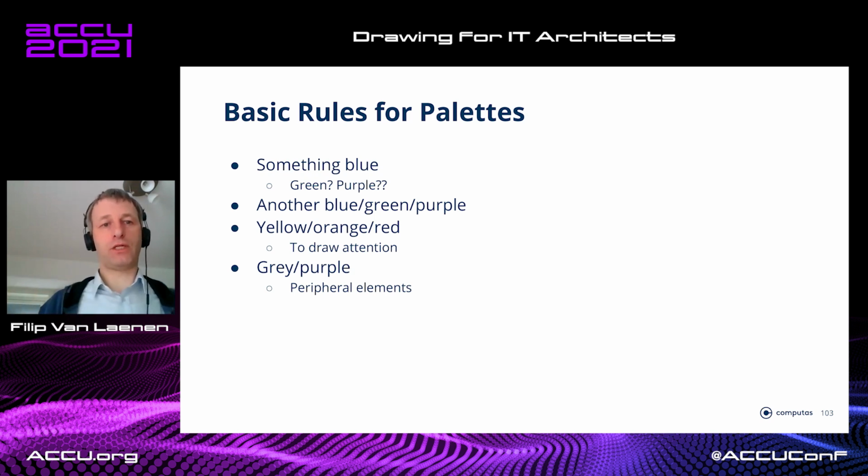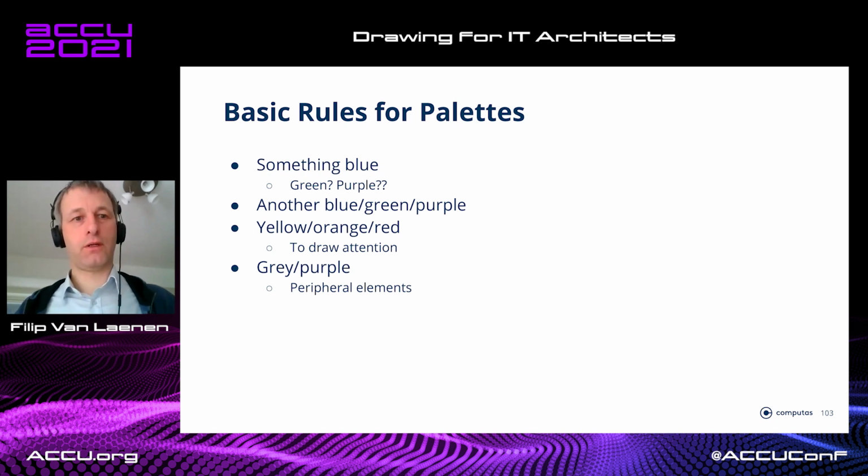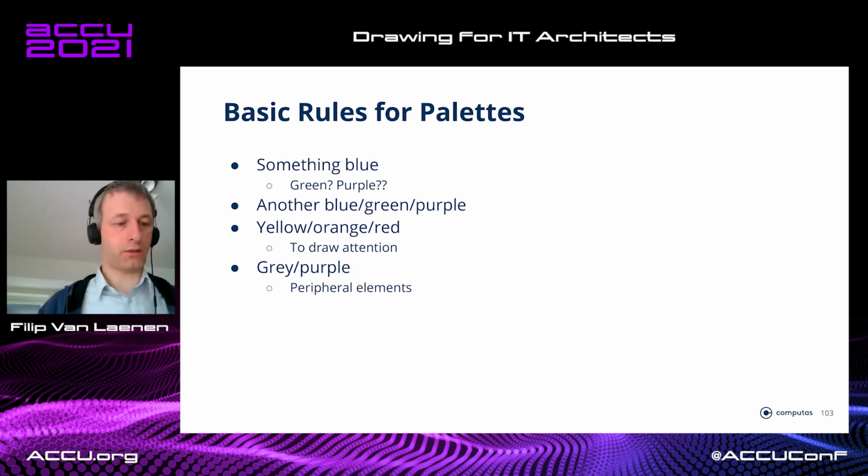And then you're also going to need yellow, orange, or red to draw attention to, for example, an error or something dangerous. And then you also need gray or purple for peripheral things, such as external systems, future extensions, or something that's going to be phased out. So you need something like that too.